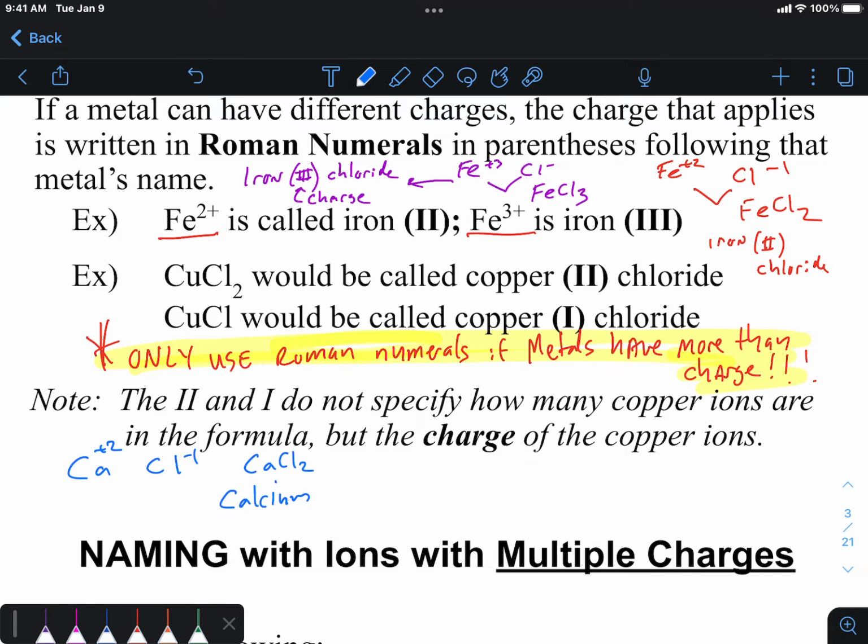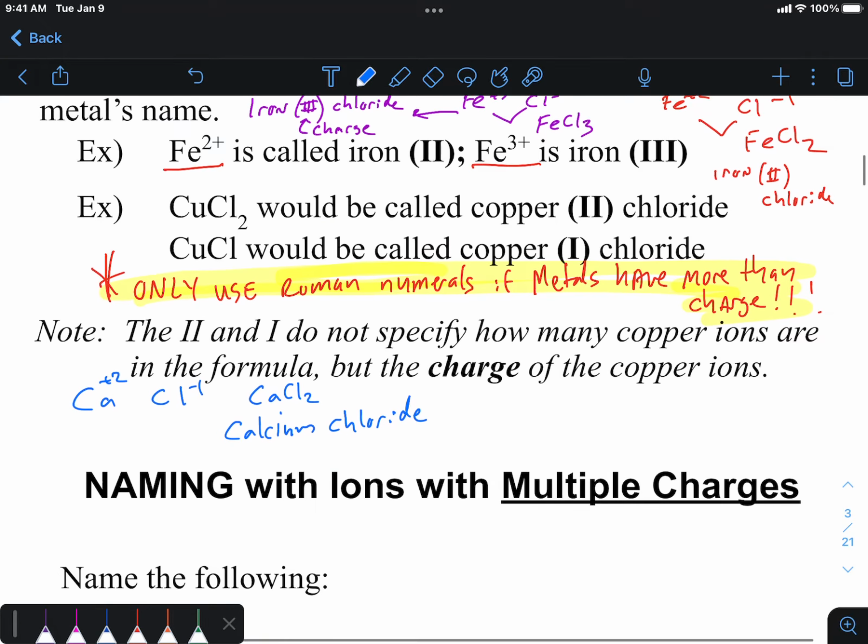You just leave it as calcium chloride. The only time you use a Roman numeral is when you need to clarify which version of the metal you're using. If it has more than one charge, that's the only time you use a Roman numeral. Okay, and this will come with practice. Okay, so let's try some of these.